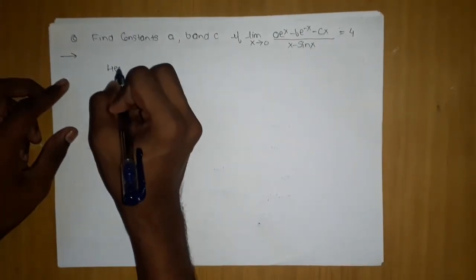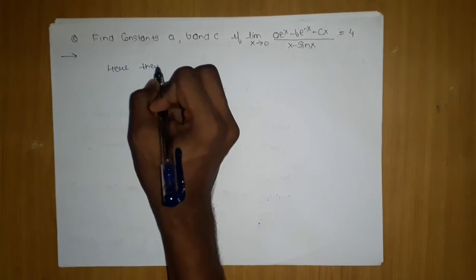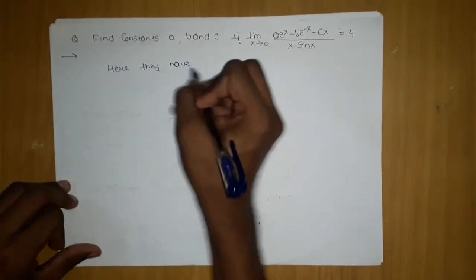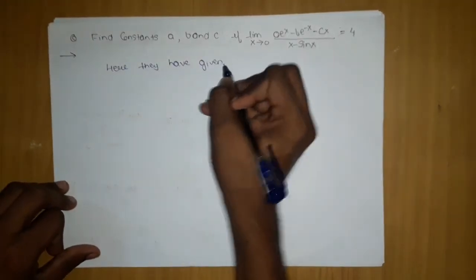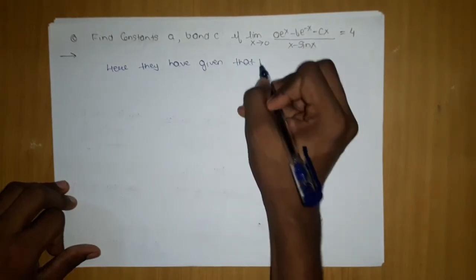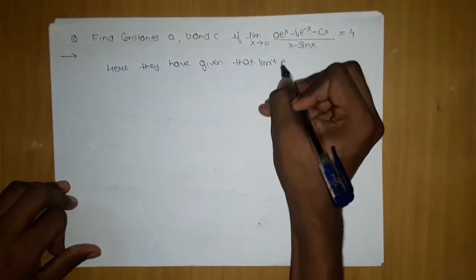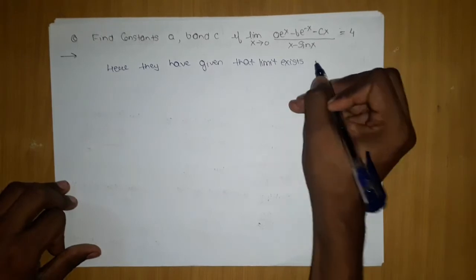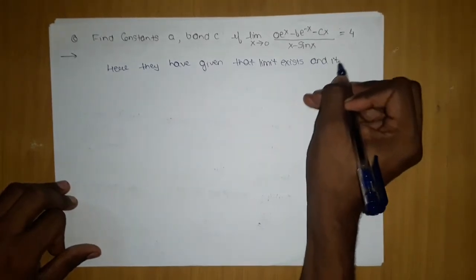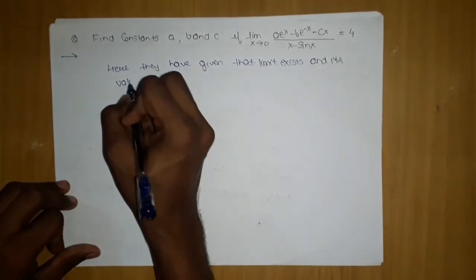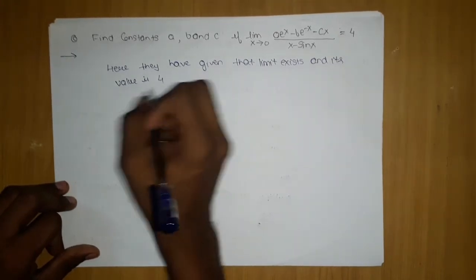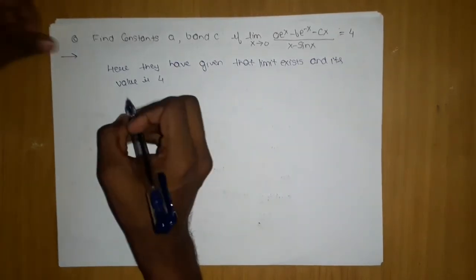Here they have given that the limit exists and its value is 4. What we have to do?